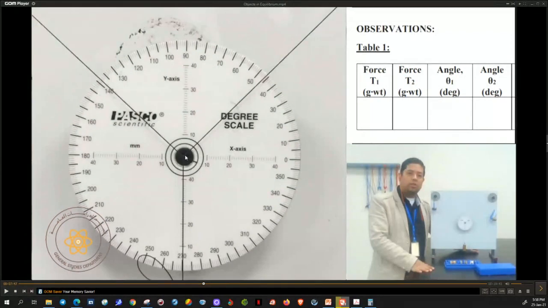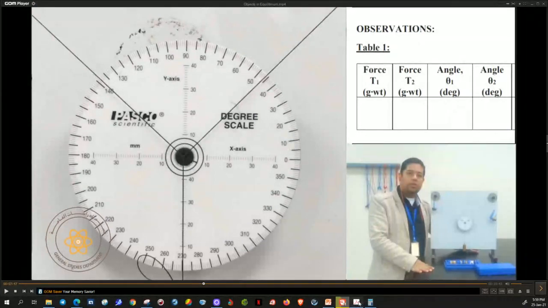If this junction is not in the center of the degree scale, what's the problem? Your theta 1 and theta 2 will be wrong. What else? The string of unknown mass, or you can say the string of F real, must be at 270 degrees. If not, again, your angles theta 1 and theta 2 are going to be wrong.